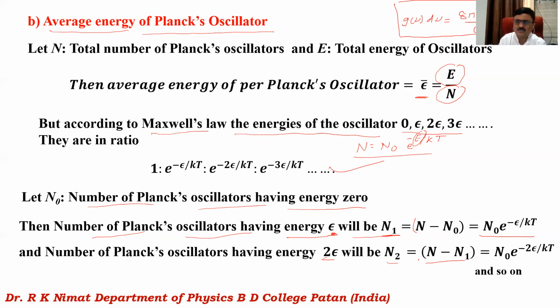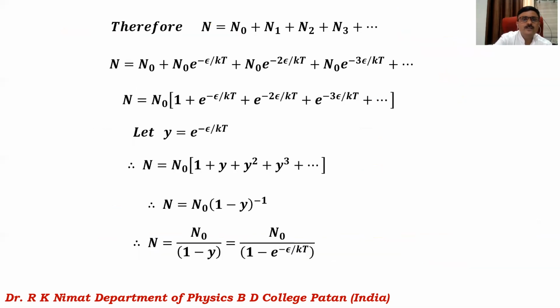So if you consider likewise, you will get the number of oscillators having the energies 0, epsilon, 2 epsilon, 3 epsilon, and so on. In this way, we can calculate the total number of oscillators, as there will be a sum of all oscillators having different energies.